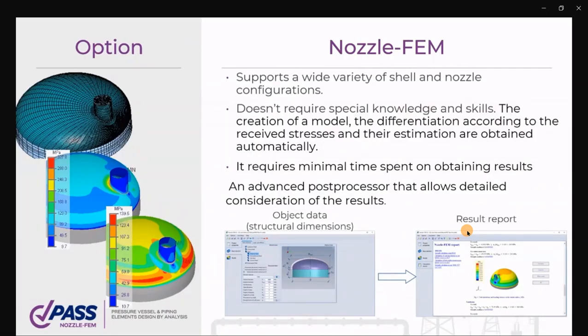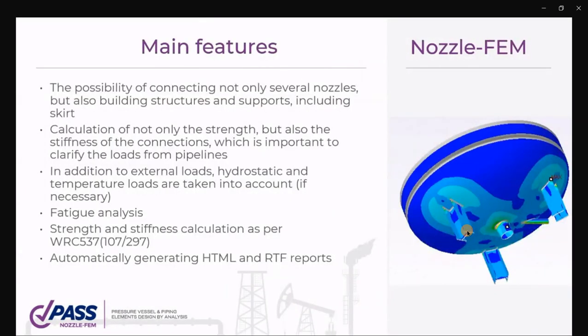It requires minimum time to obtain results, and an advanced post-processor allows detailed consideration of the results. There is the possibility of connecting not only several nozzles, but also building structures and supports, including skirt.